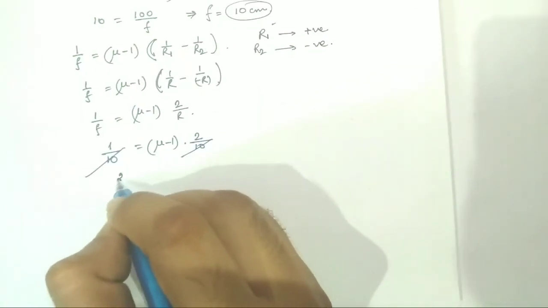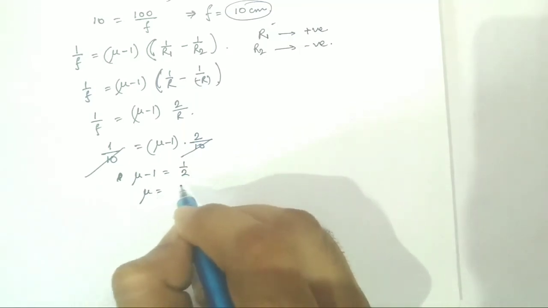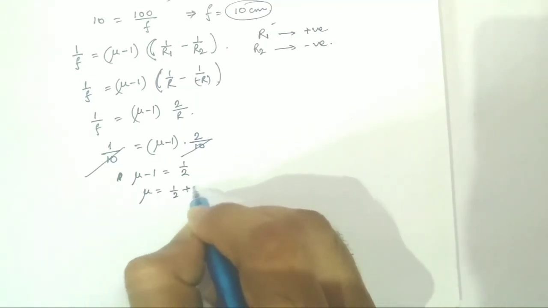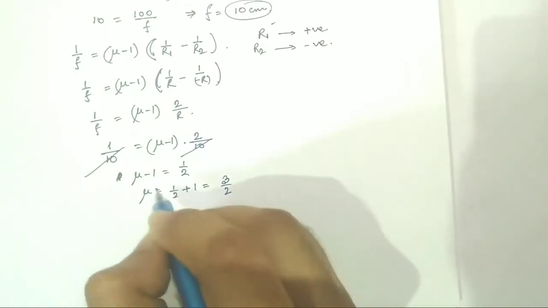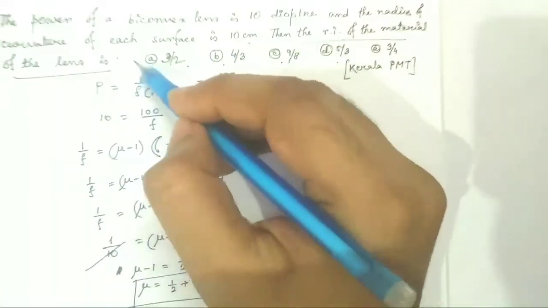So mu minus 1 is given by half, or mu equal to half plus 1, that is 3 by 2. So option A is the right answer.